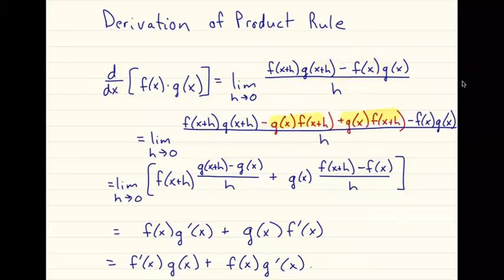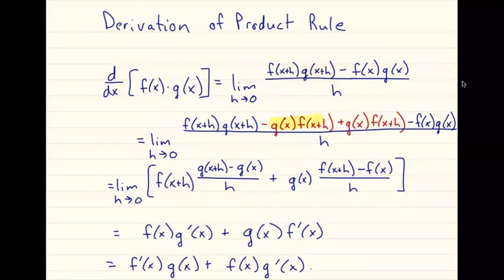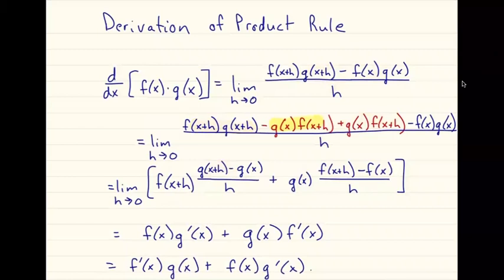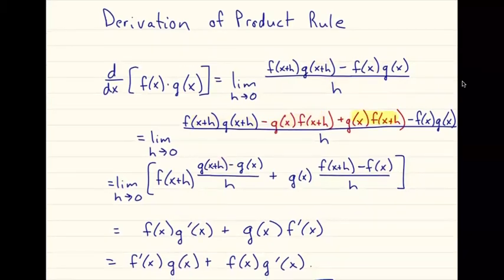But the reason we do that is because we're going to split this numerator over pairs of these terms. Namely, I want to group these two terms in a numerator over h, so here they are with f of x plus h factored out of them. And then likewise, I'm grouping these two terms over the numerator h, and I'm going to factor g of x out of each of these. And I get this expression right here.